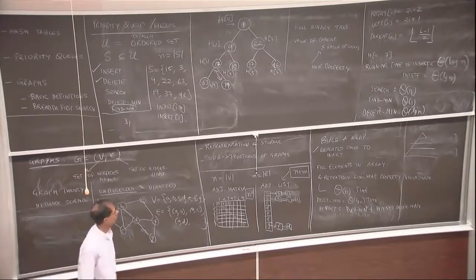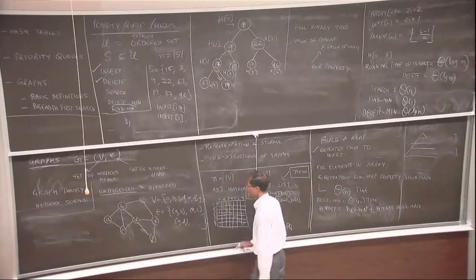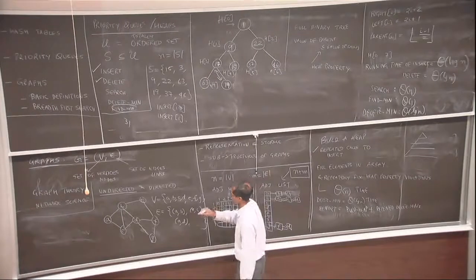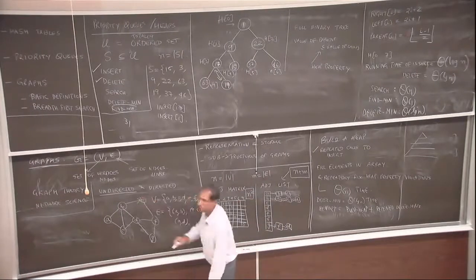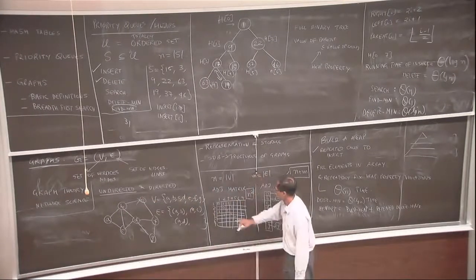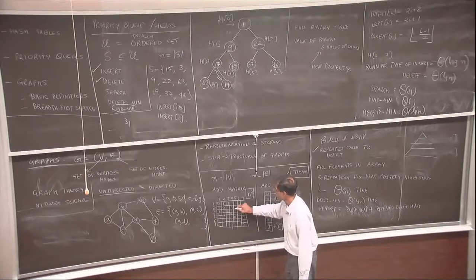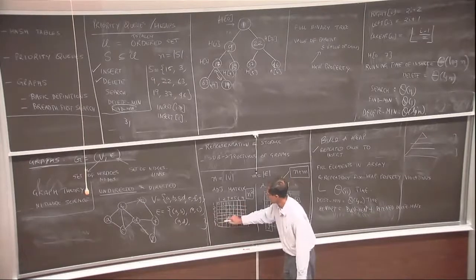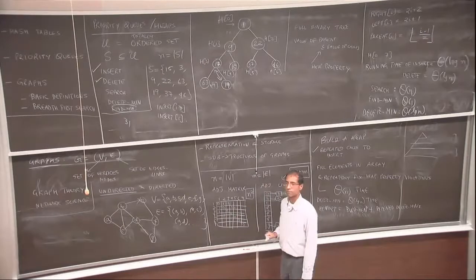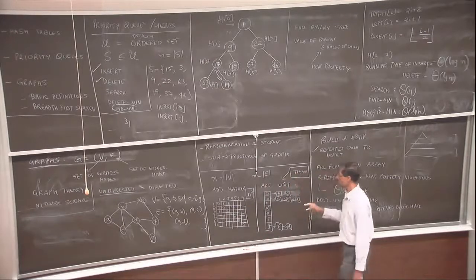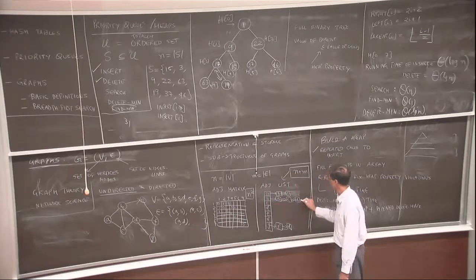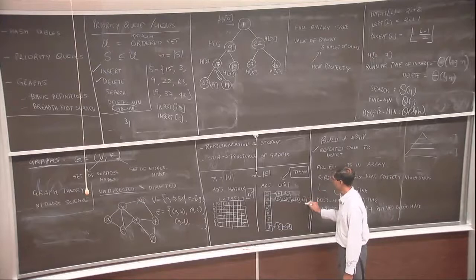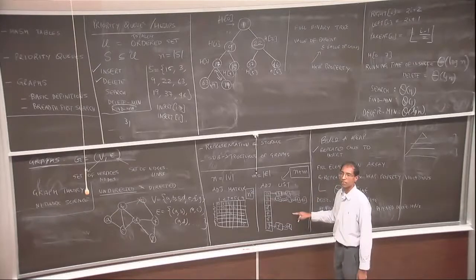So let's say this was an edge B to E. Then B to E will store a 1, but E to B will store a 0. In an adjacency list, you will have B to E, but you won't have E to B.